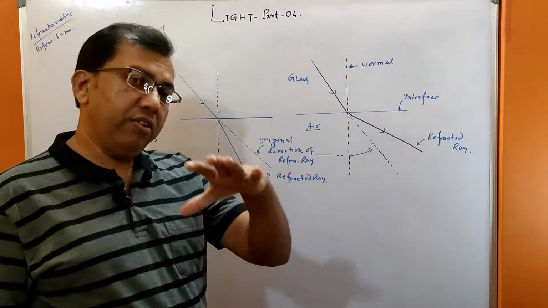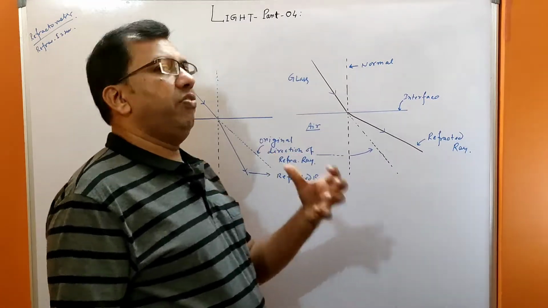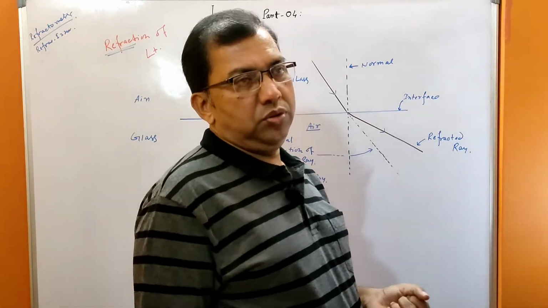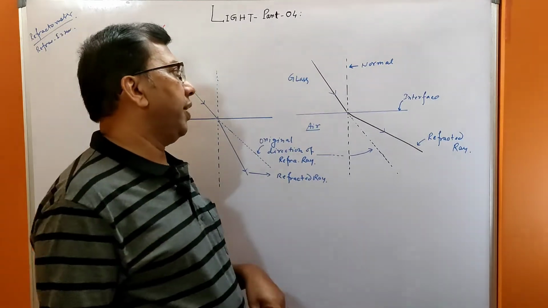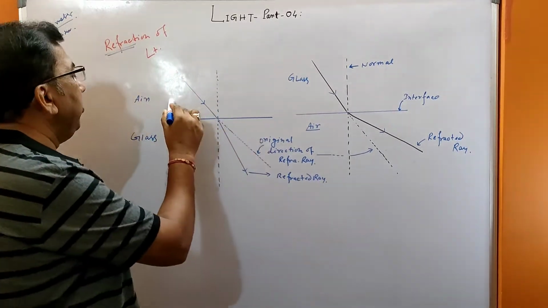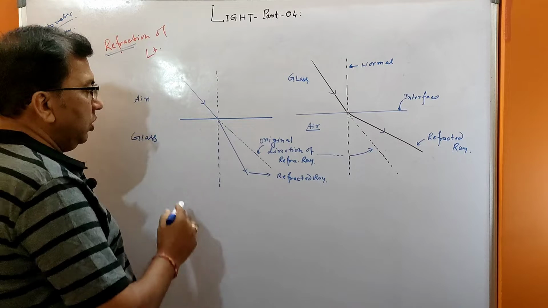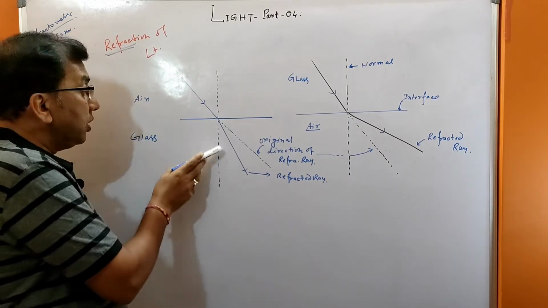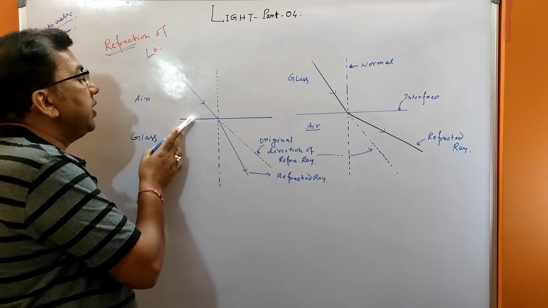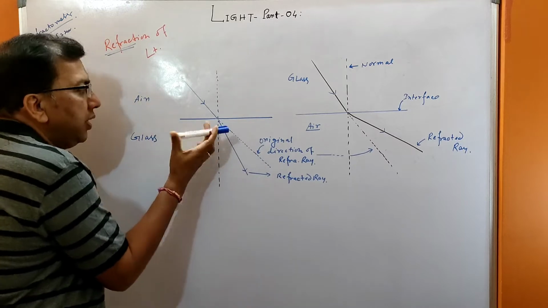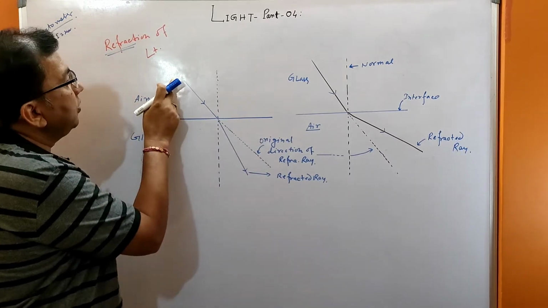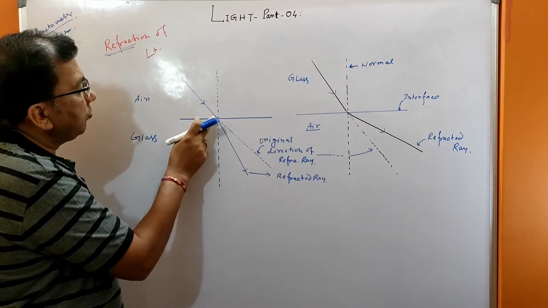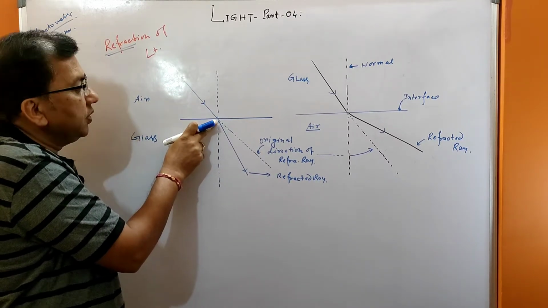Okay? In case of refraction of light, what we observe: out here, this is the air medium, this is the glass medium. Light is coming from air to glass. This is the interface. Light passes out here through that surface.